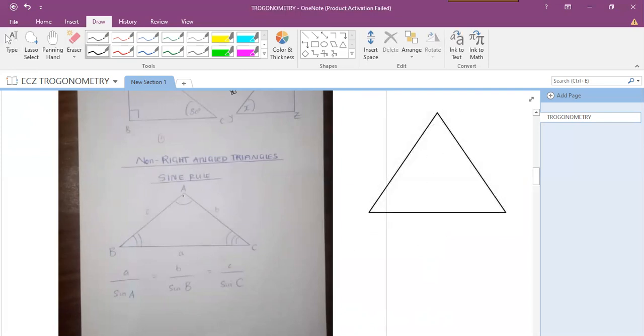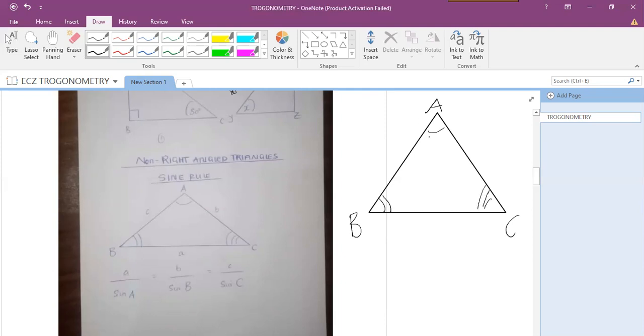Okay. So let's draw this triangle. We have capital letter A there, capital letter B, and capital letter C. We have an angle there, an angle there, and an angle there.